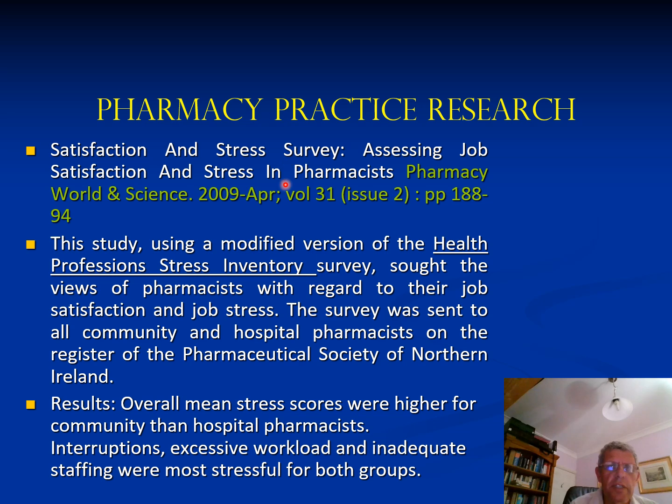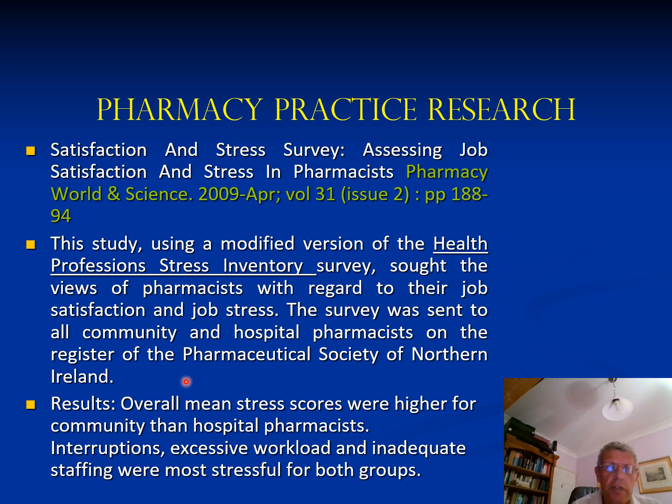We know that it's a survey, so it's going to be using quantitative data. And the study uses a modified version of the health professional stress inventory, which is a long list of questions about stress. And it sought the views of pharmacists with regard to their job satisfaction and job stress. And it was sent to all pharmacists in Northern Ireland.